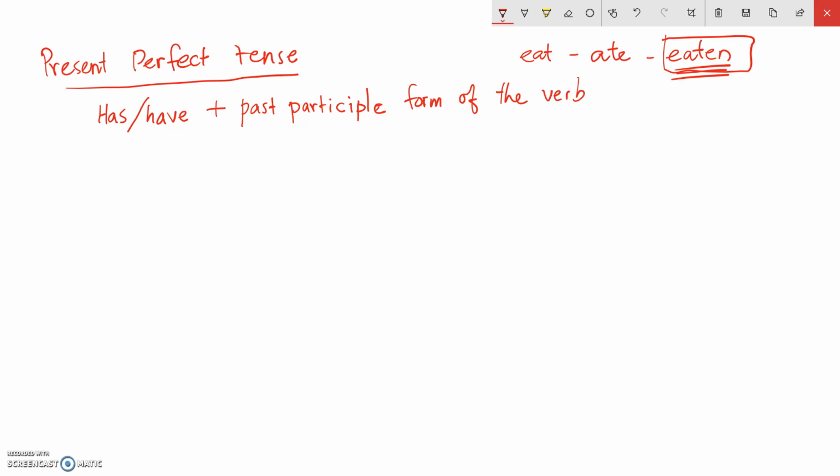What is the use of present perfect tense? There are two uses. The first would be to talk about actions that started in the past, continue into the present, and may continue into the future. For example, Martin has lived here for 2 years.